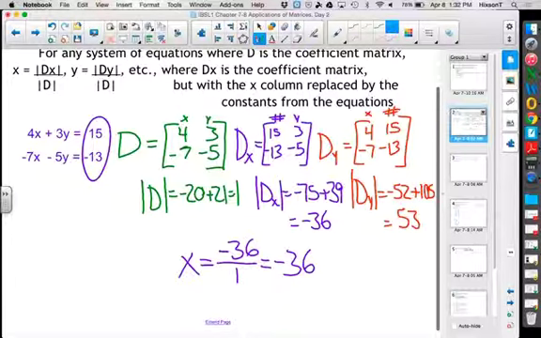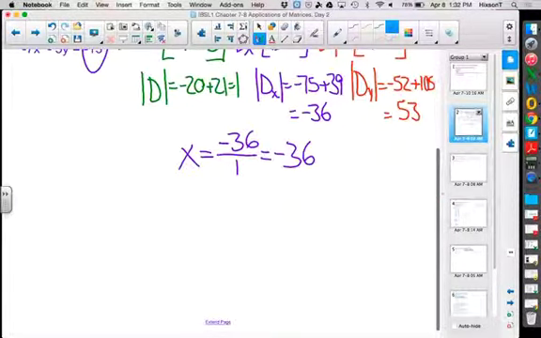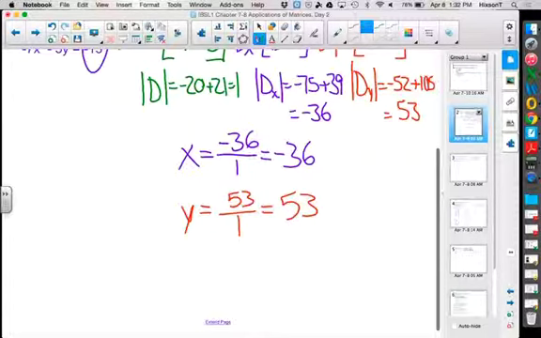So x is negative 36. For y, we're going to follow the same pattern. We use the determinant of D sub y, so positive 53, over the determinant of D, which is 1, so that's just 53. Okay? So those are our solutions.